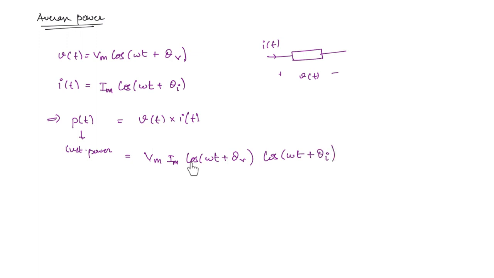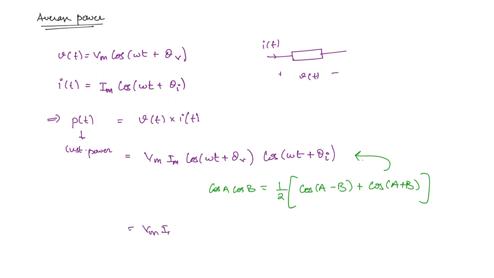Now here you have cos into some argument, cos into some other argument. So you can write cos A cos B, and cos A cos B you can write as, using trigonometric identities, 1 by 2 [cos(A minus B) plus cos(A plus B)]. So we will apply this to this. Okay, so what are you going to get?